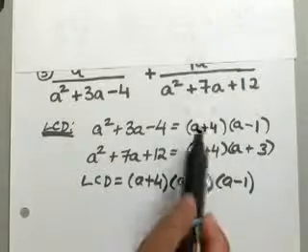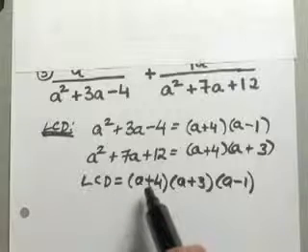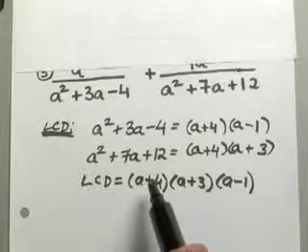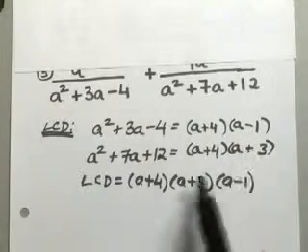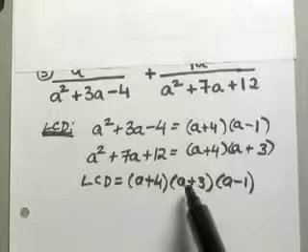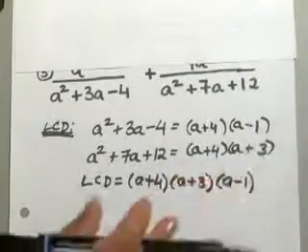So whichever factor is common, you go ahead and write it down as many times as it appears, the maximum number of times it appears in one denominator. Then you go ahead and write all the others that were not common. So a plus 4 times a plus 3 times a minus 1, that's going to be your LCD for this expression here.